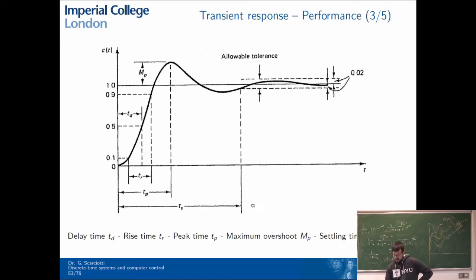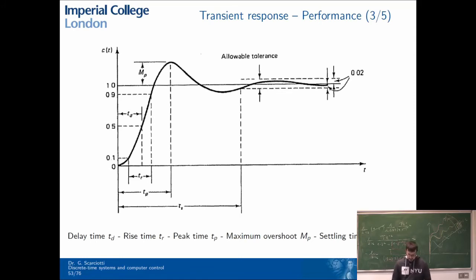The settling time is the time necessary for our system to enter this range and not exit anymore. For instance here, the response enters this range and does not exit anymore, so this will be the settling time. This is not the settling time, even though here we are inside that range, because here we are going out of that range. That's how the settling time is defined.